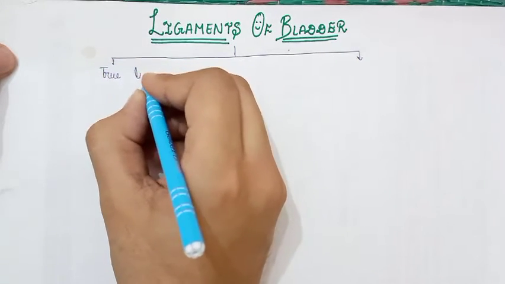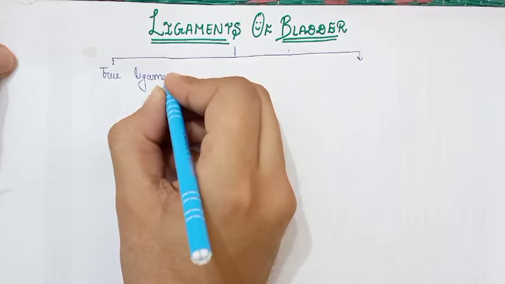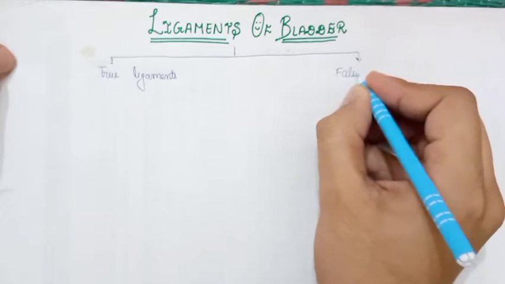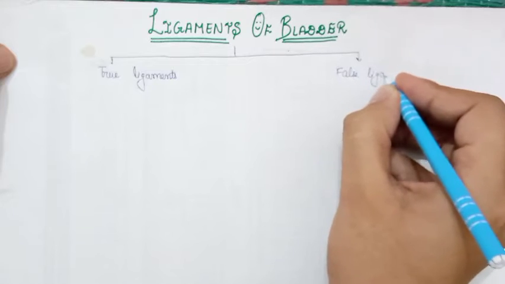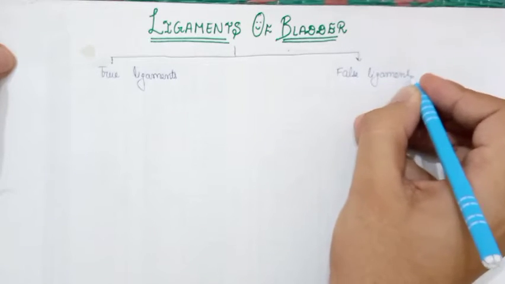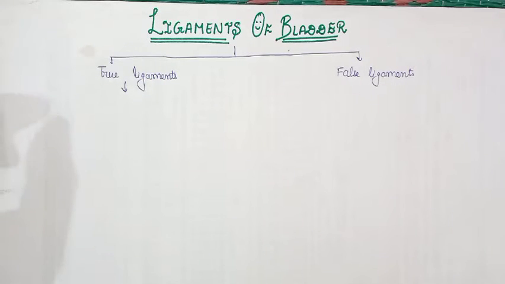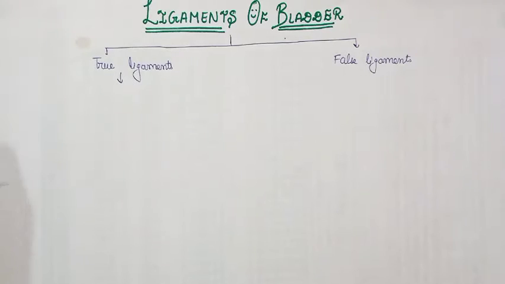True ligaments and the false ligaments. True ligaments are the modification of the pelvic fascia, or more precisely you can say the obturator fascia, that is the fascia covering the obturator internus muscle.